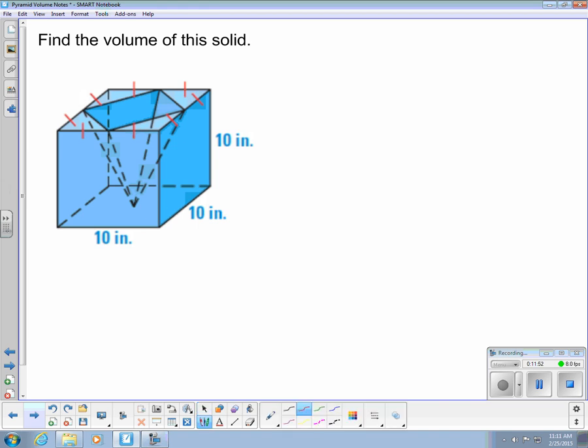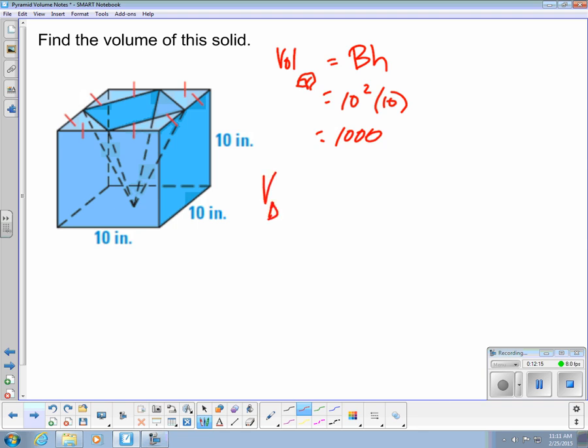So if we look at the whole entire picture, we can see that the solid, the main thing, is a cube. And so the volume of the cube is equal to the B times the H, which is 10 squared times 10. So that's 1,000 is that volume.